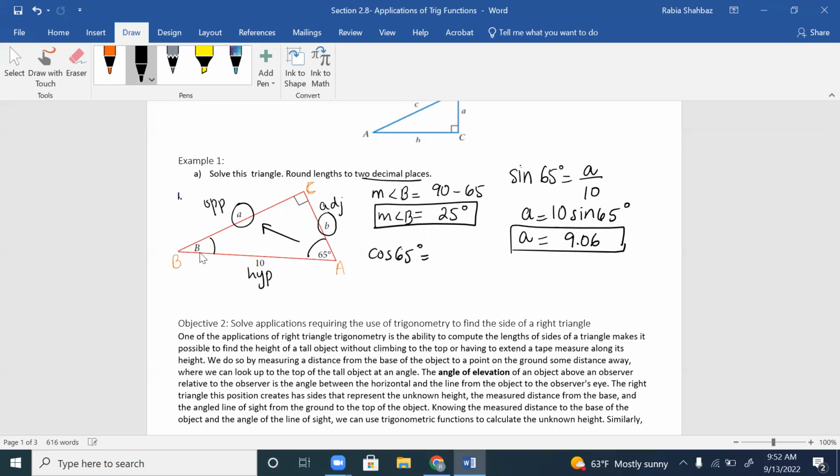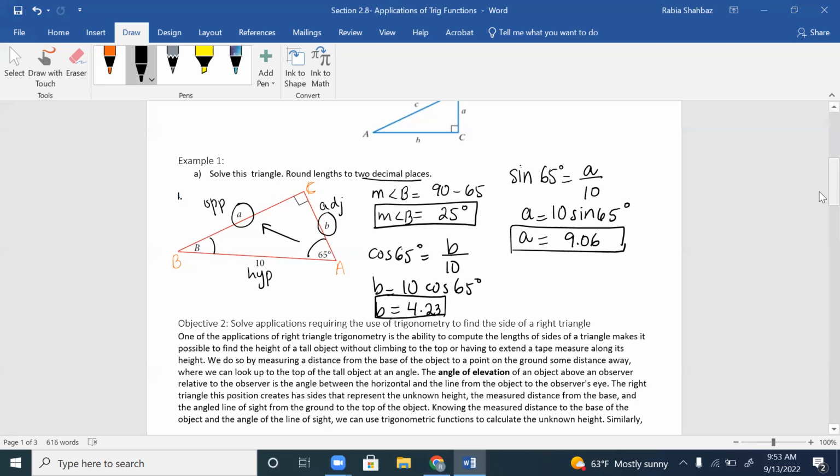Sine of B would be sine of 25. I'm going to use cosine, so B being my adjacent side over the hypotenuse, B is equal to 10 times cosine of 65. Let's put it in our calculators, and that comes out to be, rounding to 2 decimal places, 4.23.